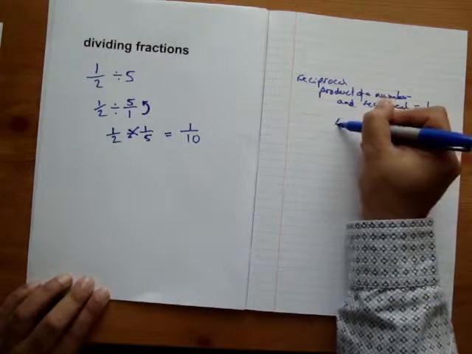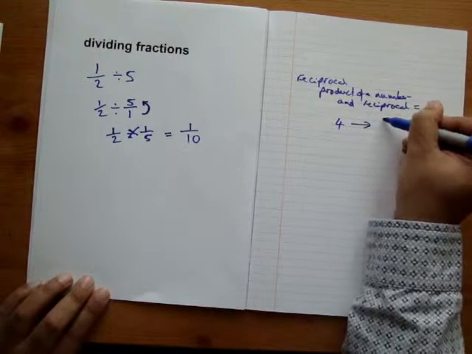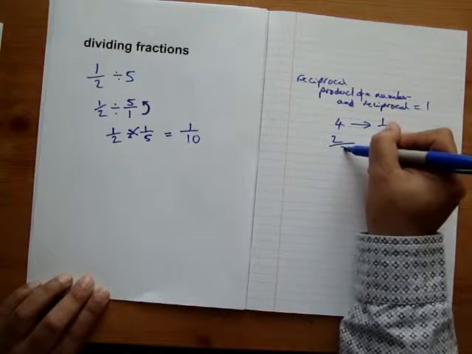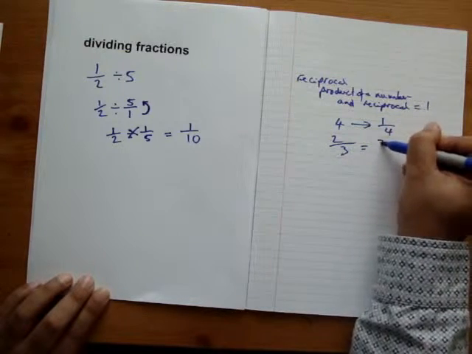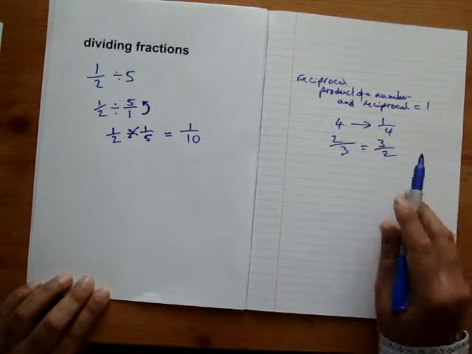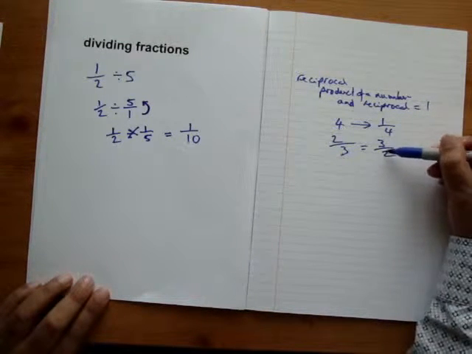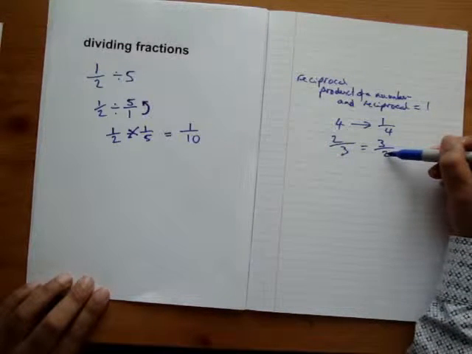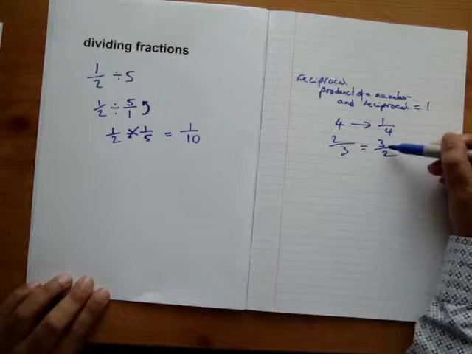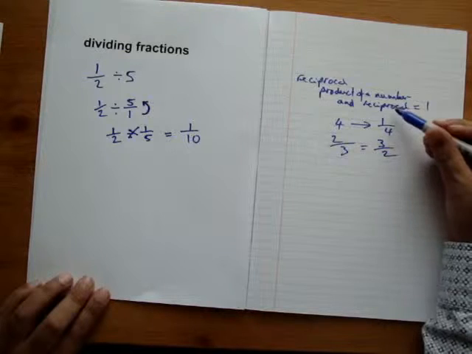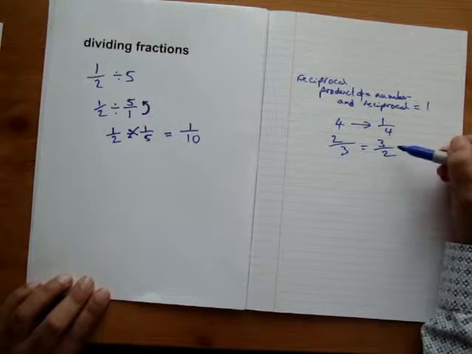So for example, the reciprocal of 4 is 1 over 4, and the reciprocal of 2/3 is 3 over 2. Similarly, the reciprocal of 1/4 would be 4, and the reciprocal of 3 over 2 would be 2/3. We simply flip the numbers, putting the bottom one on the top and putting the top one on the bottom.